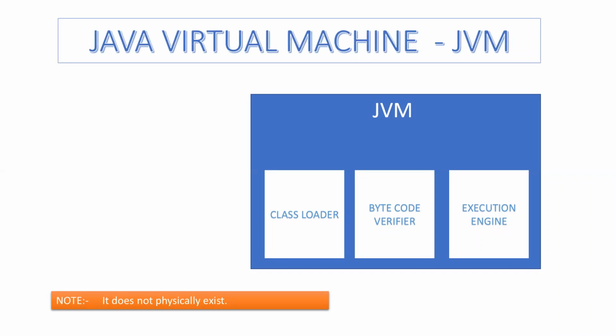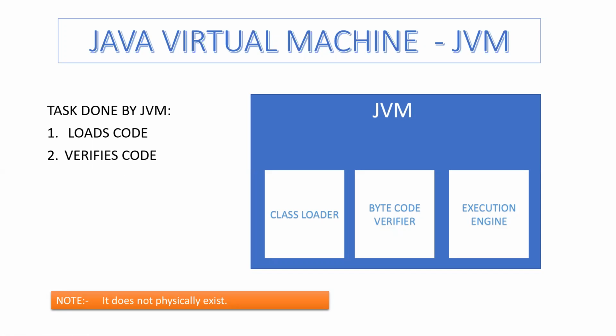First, it will load your class that needs to be executed. That means it will load your code. With the help of the class loader, we are able to load the class file that we have created with the help of the program. Then it verifies the code. With the help of the bytecode verifier, we verify which class we are referring to and what the exact data are.